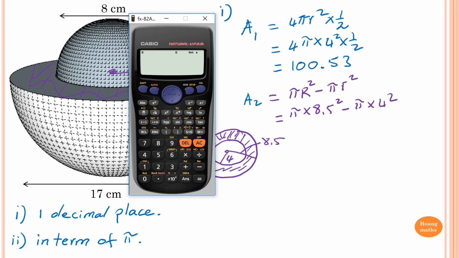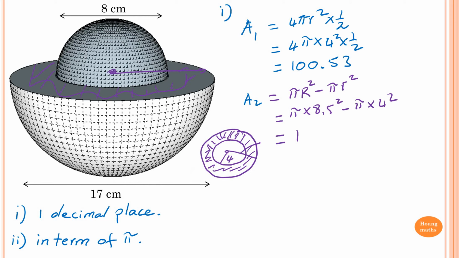Shift pi times 8.5 squared minus pi times 4 squared, which gives me this. I store this in the memory B, because A has already been occupied. So answer, shift, store B. 176.71. I just write 2 decimal places first.